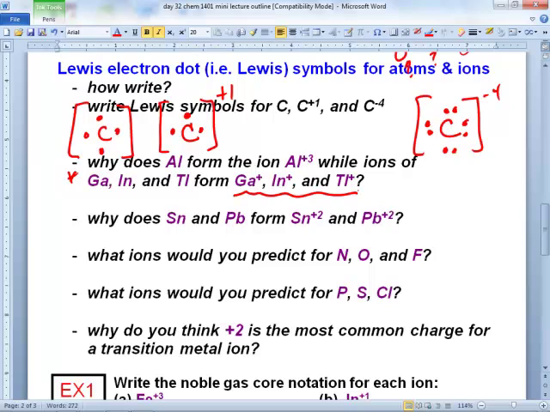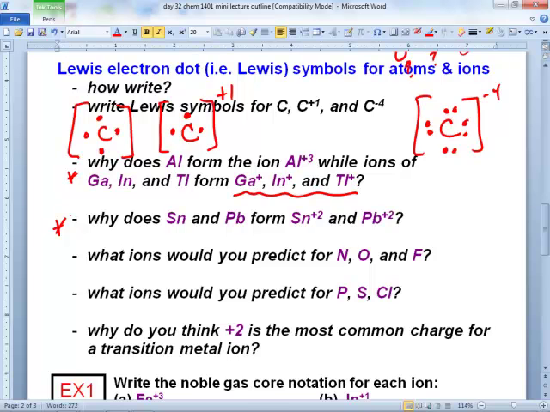So they lose 1, boom, now they're at the D10 and they can quit. Aluminum can't do it. Aluminum has to go all the way to neon. So gallium, indium, and thallium can stop at that pseudo-noble gas core. How about these? Just playing around some more with this idea of electron configurations, where's tin and lead?